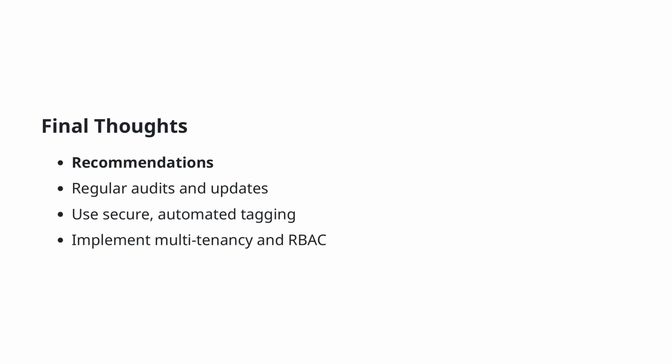Utilizing secure, automated tagging mechanisms can help in managing resources effectively and maintaining security control. Also, implement multi-tenancy and role-based access control, RBAC, to restrict access and ensure that users only have the permissions necessary for their roles. These strategies strengthen your overall security posture and help protect your systems and data.